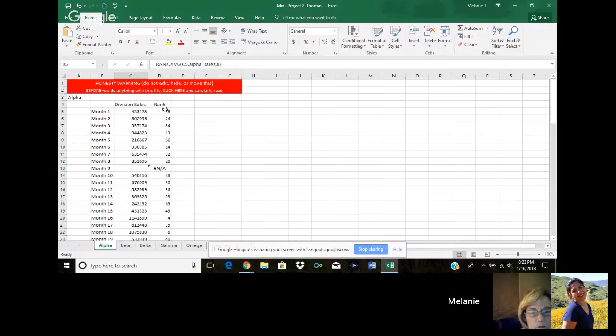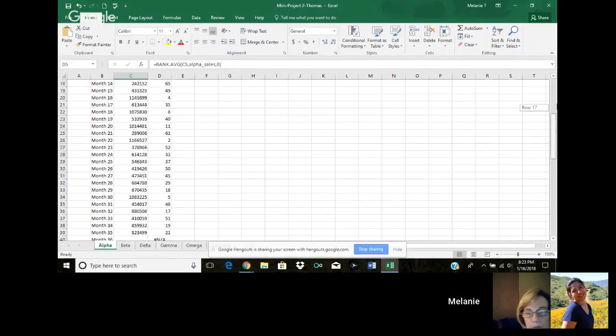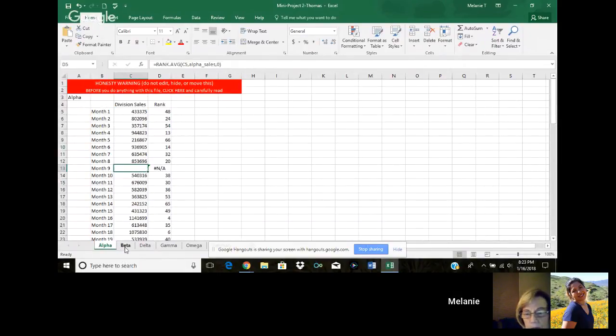So when you look at my rank formula right here, it has alpha underscore cells in it. So it's ranked, and I have these NAs here because they didn't put any number in. Right. So it pulled up NA on all those. So I did that same thing for each one. So right here, it's my beta underscore cells.